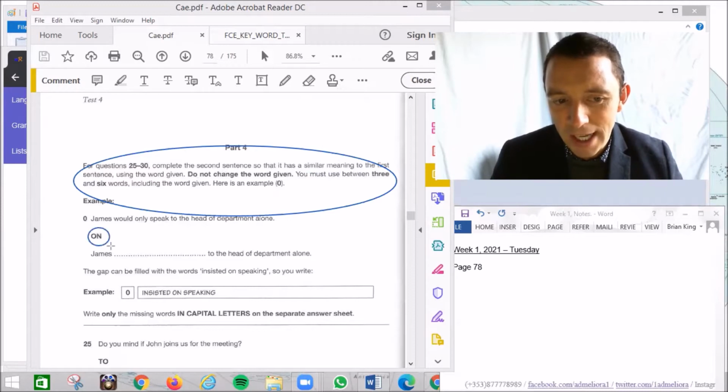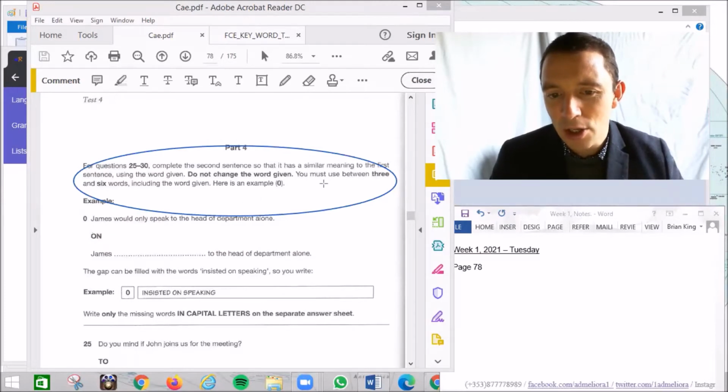So this is the word they give. It's necessary for the second sentence to have a similar meaning to the first sentence, but it's necessary to use the word that they give. In this case, for the example, it is on. You must use between 3 and 6 words, including the word they give. That's the key, okay?